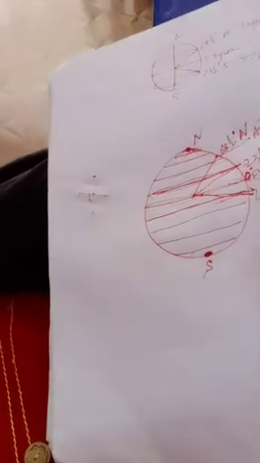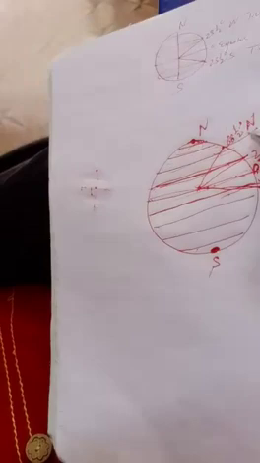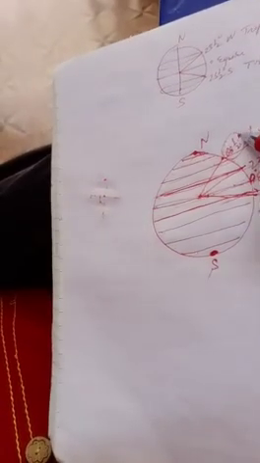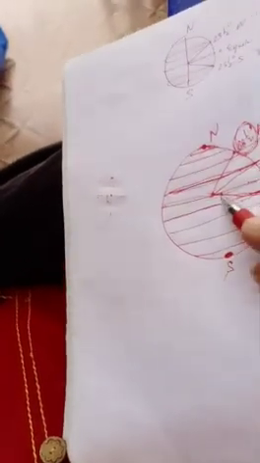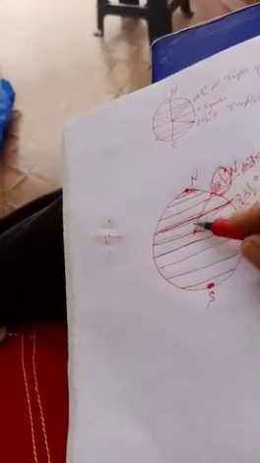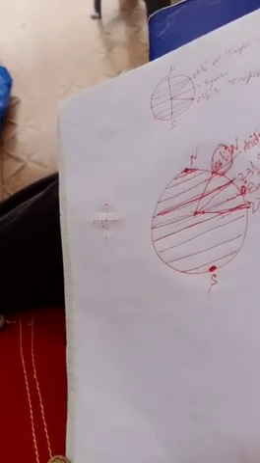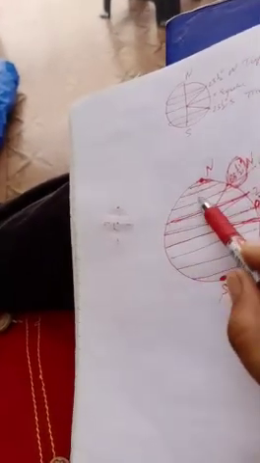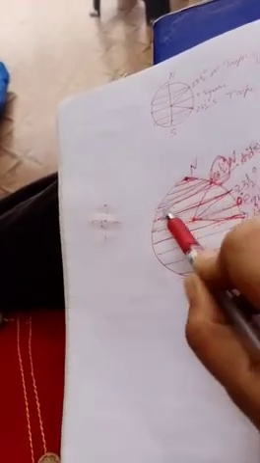It is situated at the angle of 66.5 degree in the north direction from the equator. Equator is at 0 degree, and when we move at an angle of 66.5 degree, we reach the Arctic Circle. So the line that passes through this circle is called the Arctic Circle. Okay.